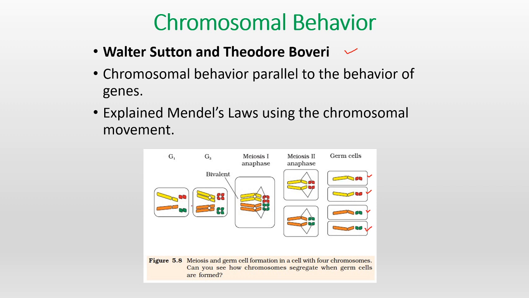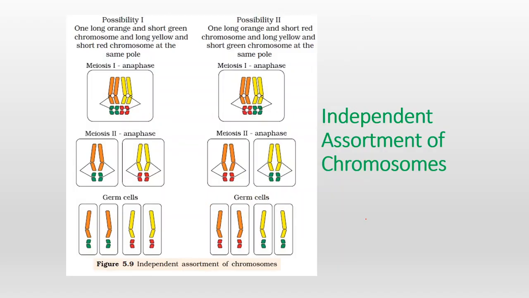But here what you see is, the yellow one is getting segregated with the red chromosome, and the orange is segregating with the green chromosome. But again, when we talk about another condition, you can see here there is a long orange chromosome and a short green chromosome, and again you have the long yellow chromosome and a short red chromosome.